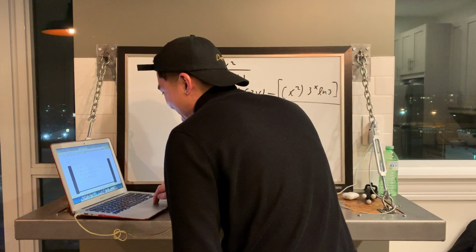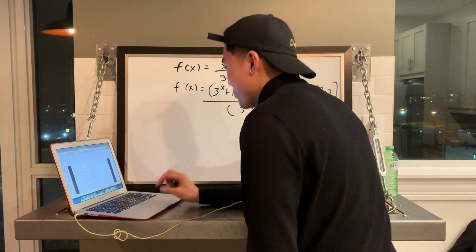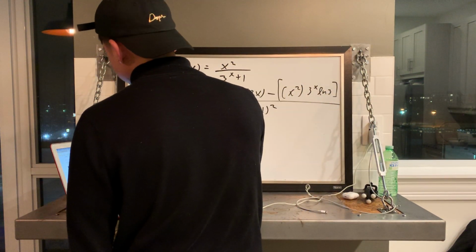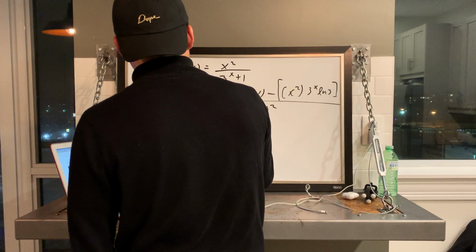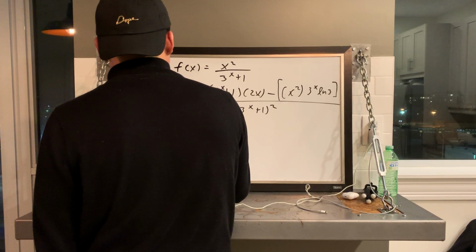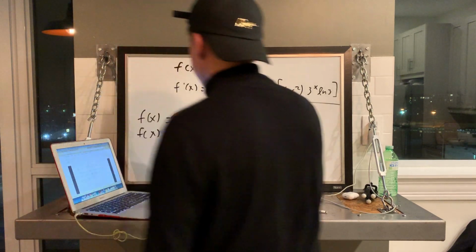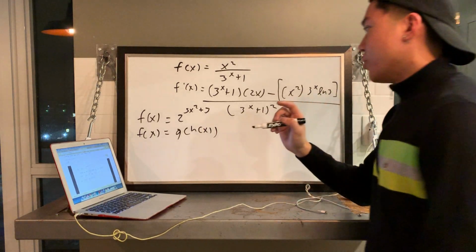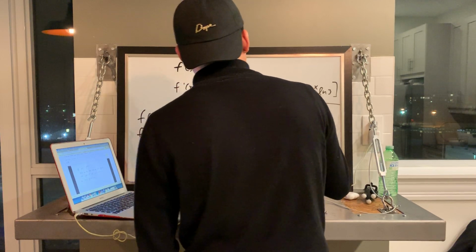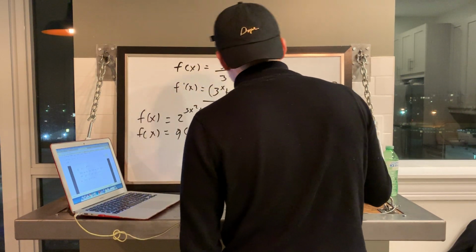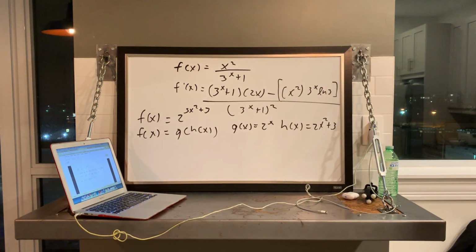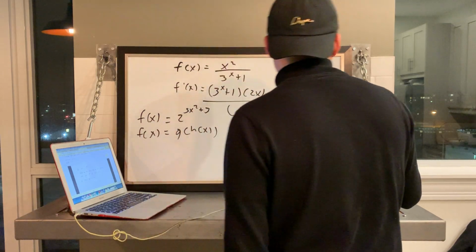I know I'm not setting a great example, but if you have f of x equals 2 to the 5x squared plus 3, that'd be just like f of x equals g of h of x, right? So then g of x would just be 2 to the x, and h of x would just be equal to 5x squared plus 3.